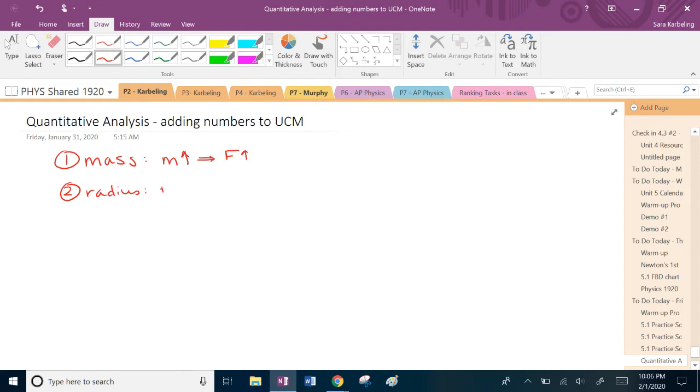If the radius is going up, it makes it easier to spin it. The force actually goes down. Usually you make the radius smaller and smaller, and then you can feel the tension in that lanyard getting higher and higher. So we know that those two are inverses, whereas in the first case, it is a direct relationship.